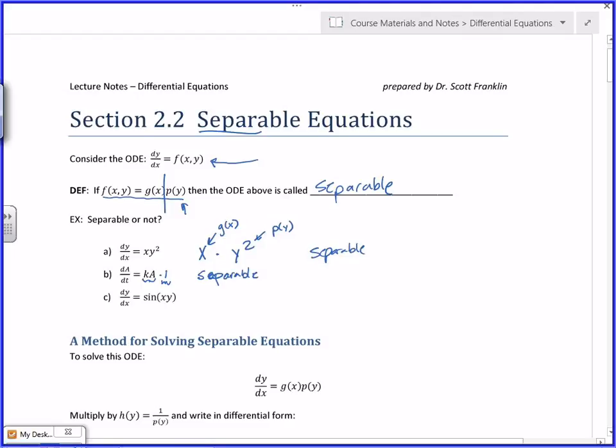Wouldn't all autonomous functions be separable? Every autonomous function would be separable under my reasoning, because you could always write that other part as a function of t, and autonomous means there is no t. Just like you can always write something as times 1, you can always write something as times a function of another variable, assuming that the function is 1. So that's separable. Now what about the last one?